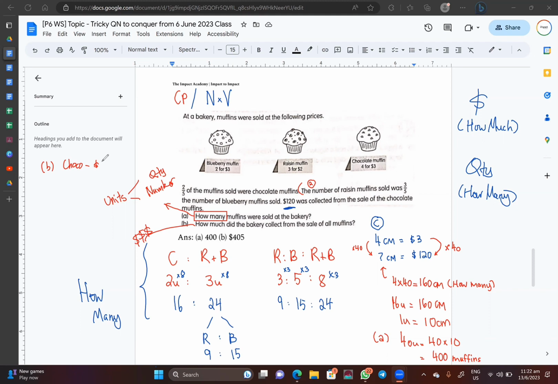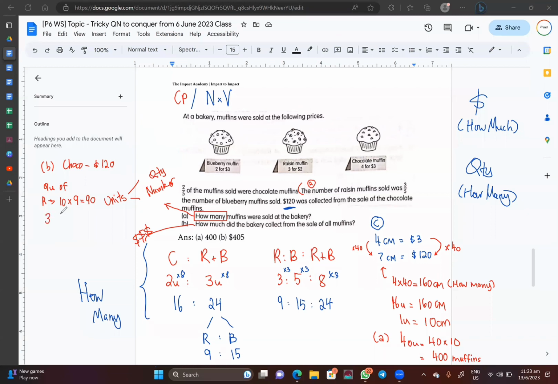Okay, so chocolate is actually $120. You all agree so far? Alright, so let's find raisin first, okay? How many raisin did I sell? I sell 9 units of raisin. You understand? So 9 units of raisin is simply 10 times 9, and that gives me 90 raisin muffins. So if I sell 90 raisin muffins, then I have to find how much will I receive, correct?